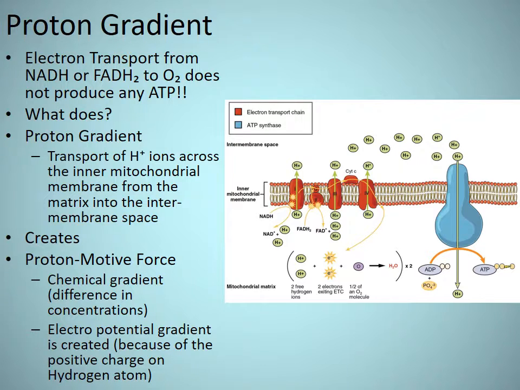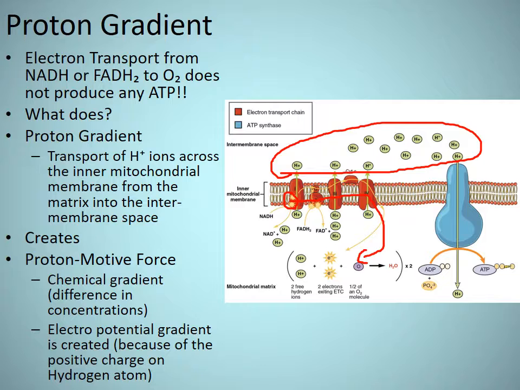The end result of the electron transport chain is to produce this proton motive force, or electrochemical gradient. As these electrons are being transported through the complexes and finally to oxygen, forming water, each complex, which are integral proteins, will be pumping hydrogen ions into the intermembrane space.